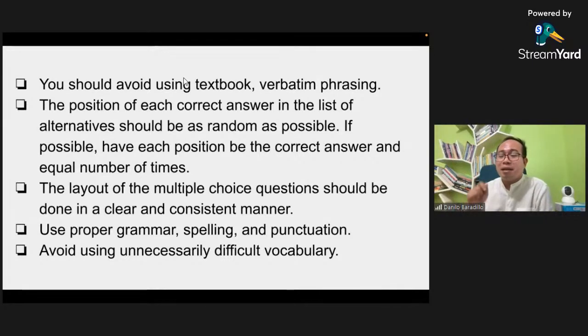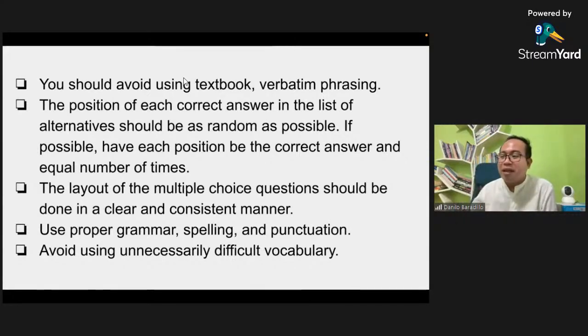Sometimes it happens, but let's not make it that way. Let's not be a teacher who gives a pattern of answers in our tests, because that's not a very good assessment. The next time, they would look for the pattern already.